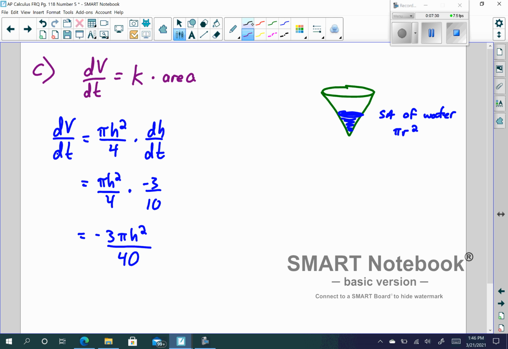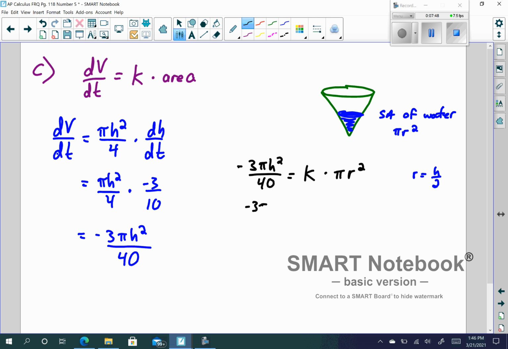So now we want to show that -3 pi h squared over 40 is equal to k times pi r squared. Well, earlier in part A, we replaced r with h over 2. So we're going to do the same thing here.